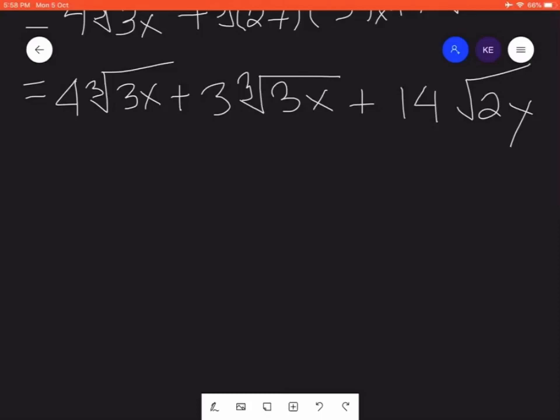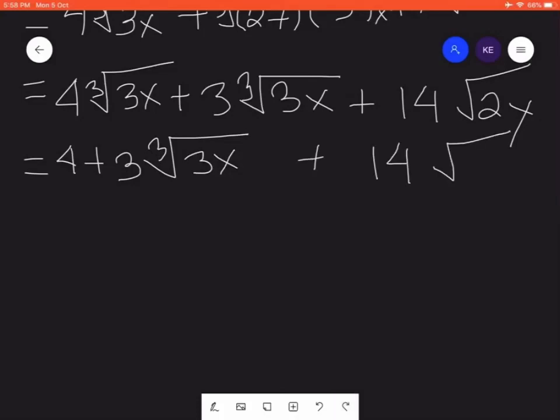Okay, now we can combine the like terms. Cube root of 3x, 4 plus 3. 4 plus 3 is 7.